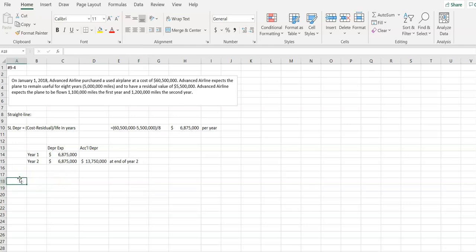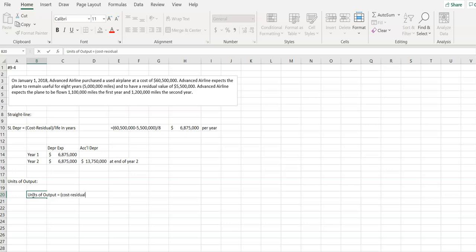All right, next up, we're going to do units of output. Okay, so for units of output, it's the same basic start, cost minus residual, but then it's divided by life in output.